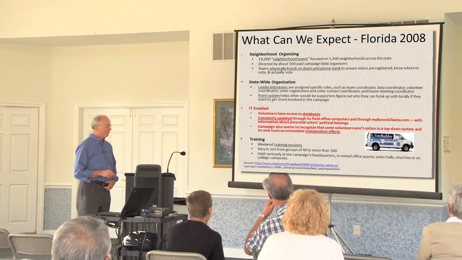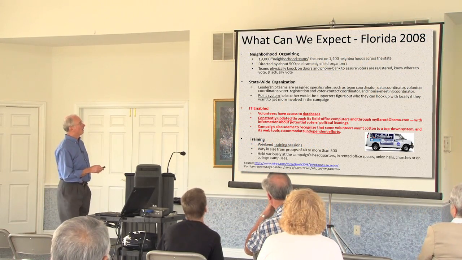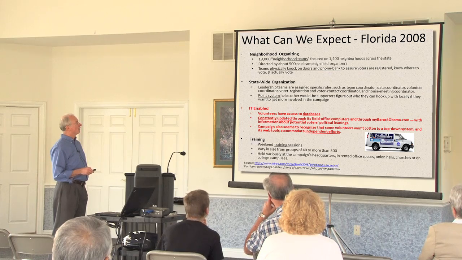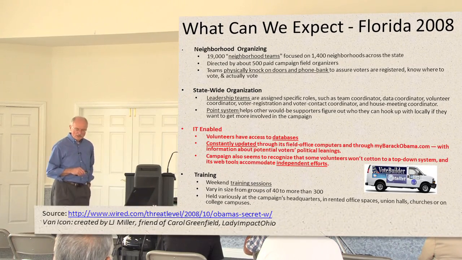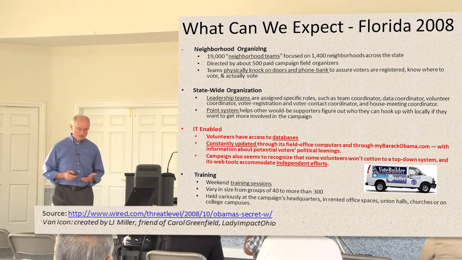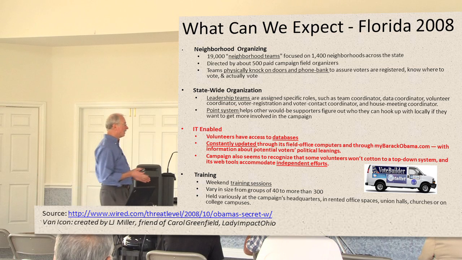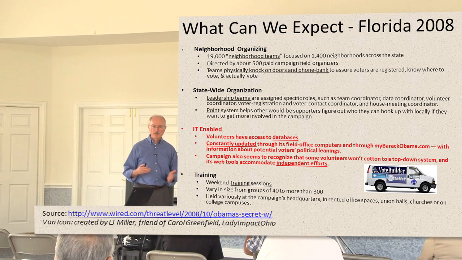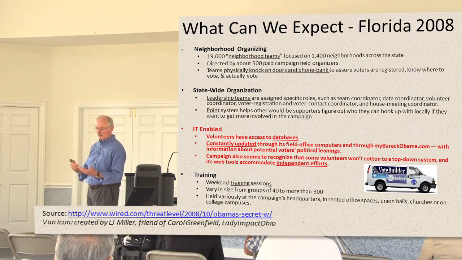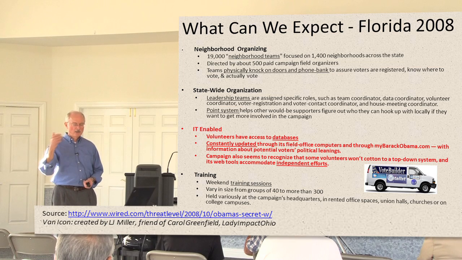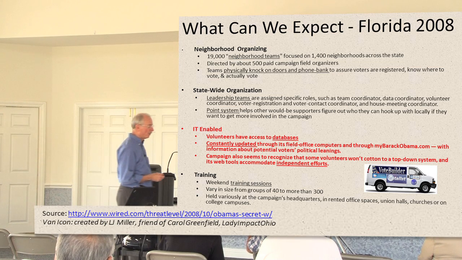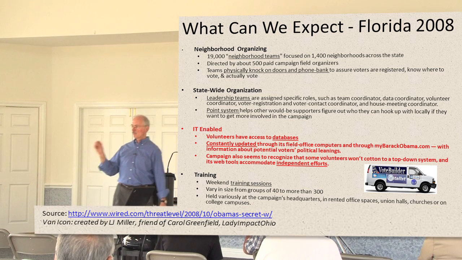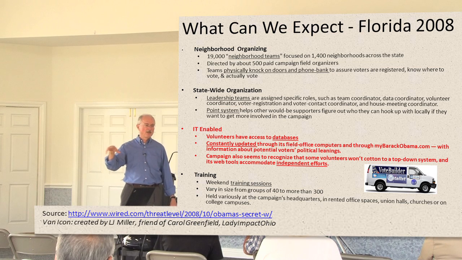But by way of introduction of IT capabilities, let's go back to Florida 2008 and use that as an example of what we can expect here in Pennsylvania, for sure, and in Ohio, given its importance, just like Florida. I've been in many conference calls with Florida talking rVotes and precinct organizing with the Tea Party folks.